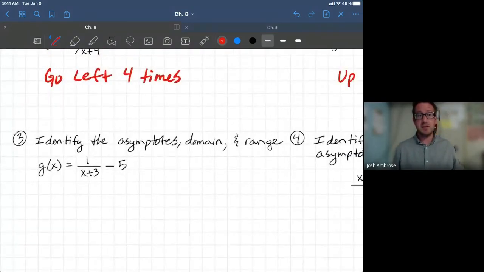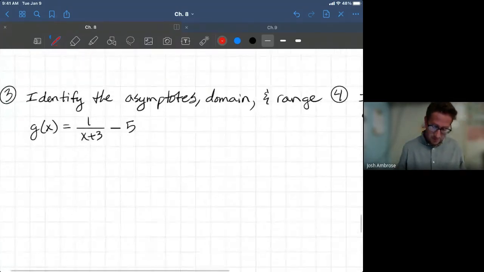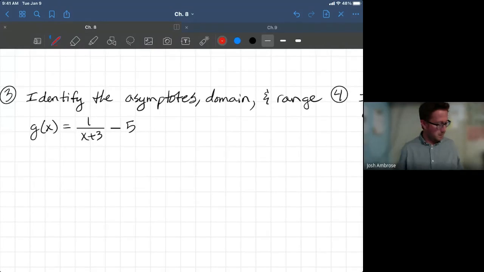All right, so let's get into our example problem number 3. So we're identifying the asymptotes, domain, and range. Okay, so what we're going to be dealing with here is take the value that we have, x plus 3, and then what you are going to be doing is, if this was a horizontal translation, you would say that it's actually going left 3 times, right?